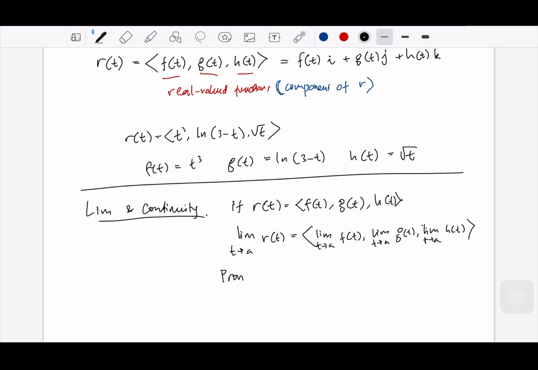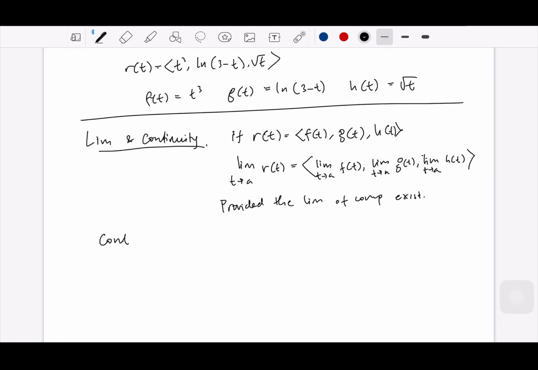Of course, this is provided the limit of each component exists. So that's the first one, nothing extraordinary or strange.